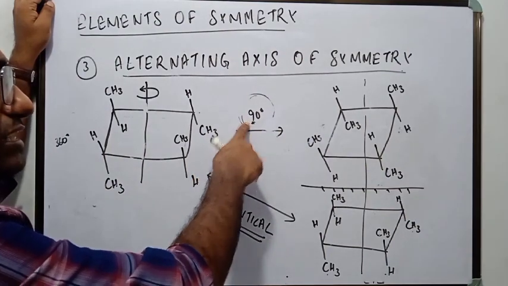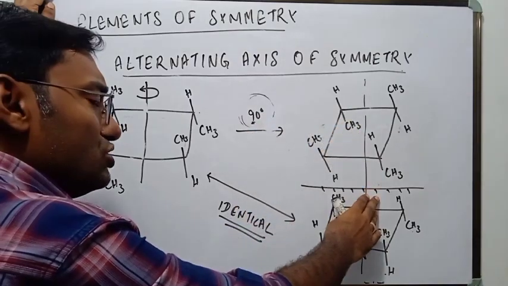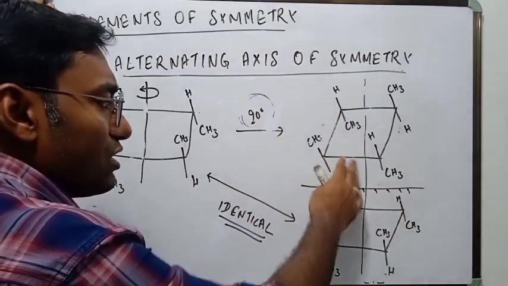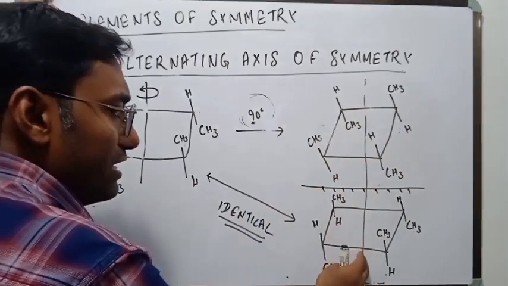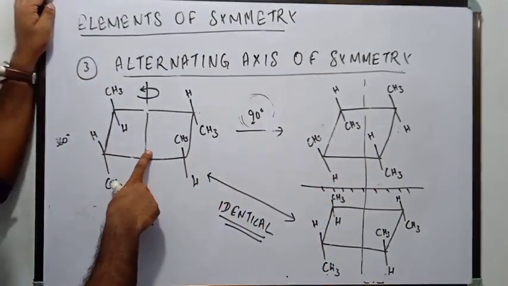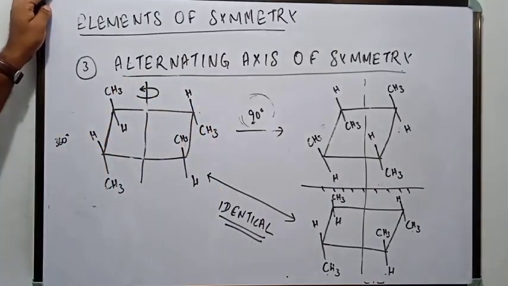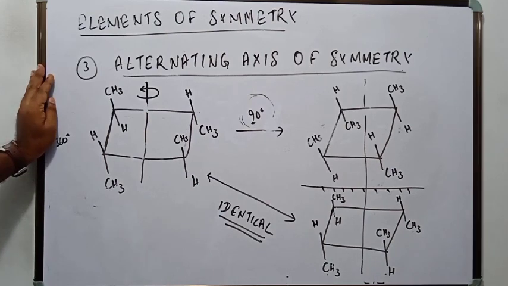After each predetermined rotation, a mirror image is drawn across the plane perpendicular to the axis. If that mirror image is identical to the original structure of the molecule, then that molecule is said to have an alternating axis of symmetry, and therefore the molecule is said to be achiral. So this is what an alternating axis of symmetry is.